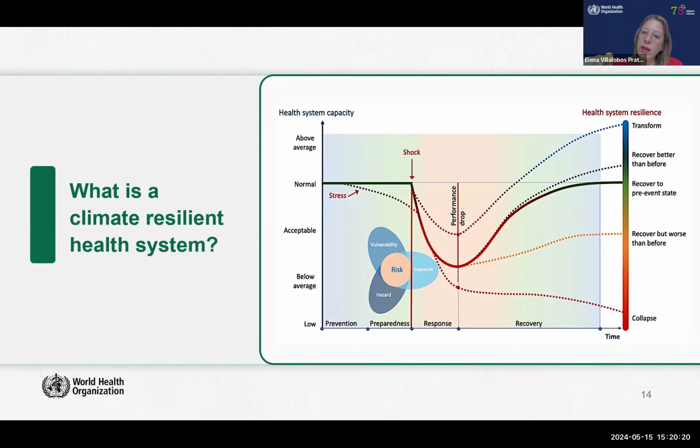When health systems are confronted with climate-related shocks and stresses, they can potentially collapse if they are not ready for it. They can recover quickly during the response period to this shock or stress. They can recover to how they were before, they can recover better, or they can even transform and learn from this shock or stress, so their capacity to deal with future hazards is increased. Next slide, please.